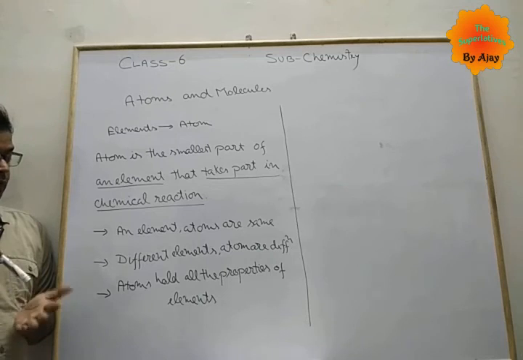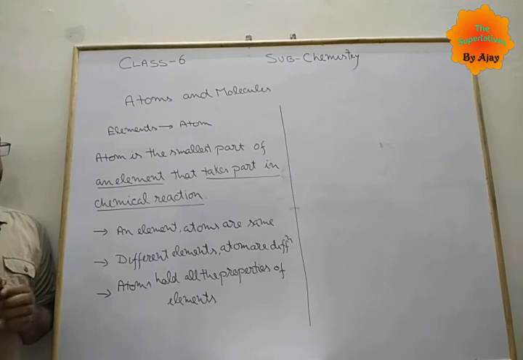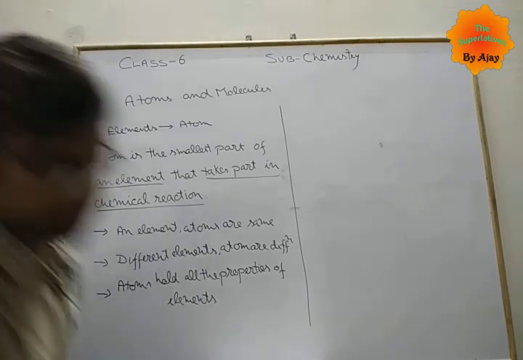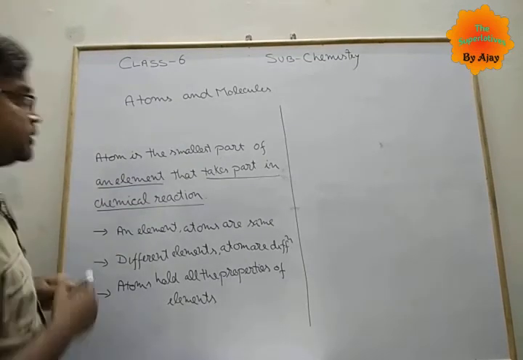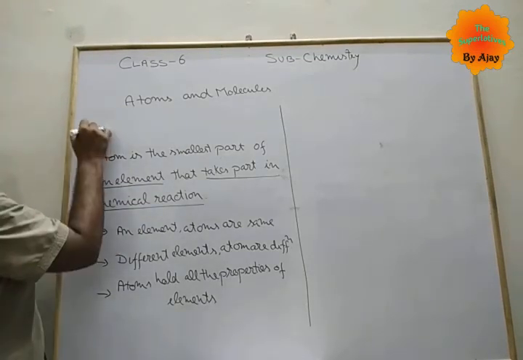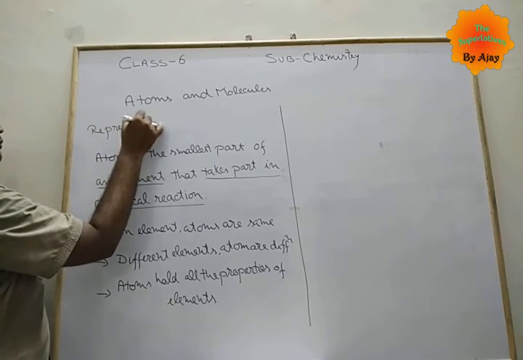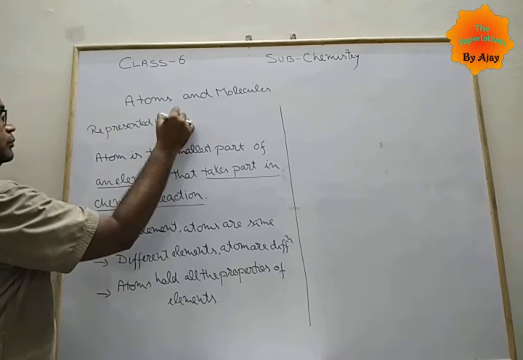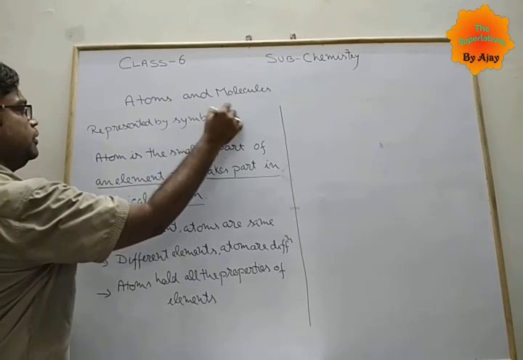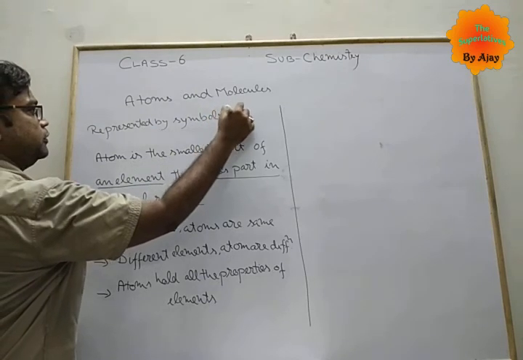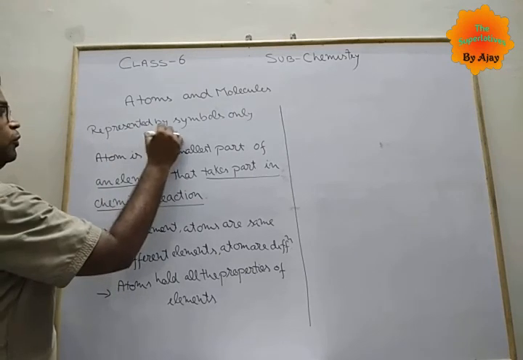Now, how do we represent an atom? Atoms are represented by symbols. We discussed already in class 6 that atoms are represented by symbols. Symbols means only H for hydrogen, O for oxygen, Na for sodium.